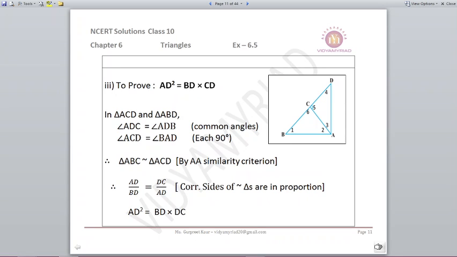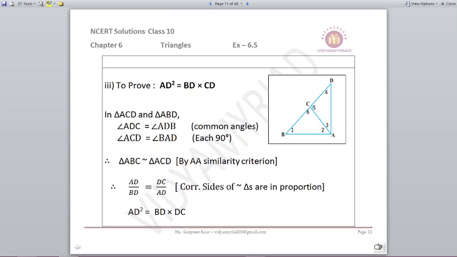Next, to prove AD square is equal to BD into CD. Now here, let's take the two triangles ACD and triangle ABD. In this, if we look at the triangles, we come to know that angle ADC is equal to angle ADB, it is a common angle, and angle ACD is equal to angle BAD, which is 90 degrees.